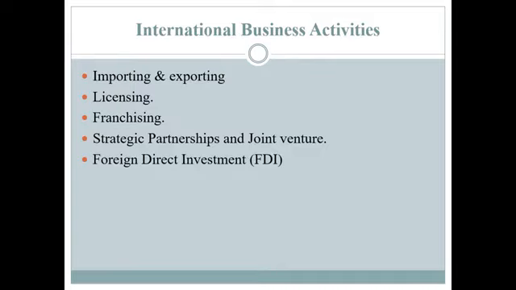Now what is export? Exactly opposite, we can term it as the antonym of import. A good or service produced in our country, when we market it in another country, is called export.